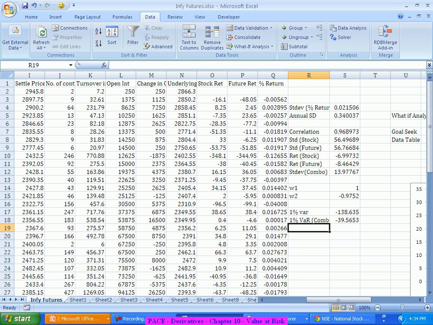It's like, instead of saying my loss will be less than 138 rupees, in plain layman's terms, my loss will be less than 39 rupees.